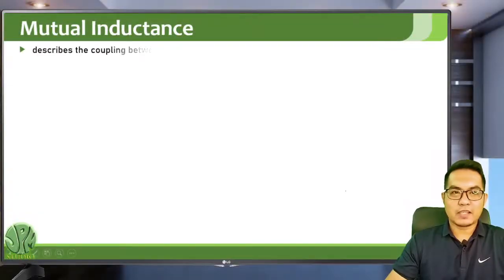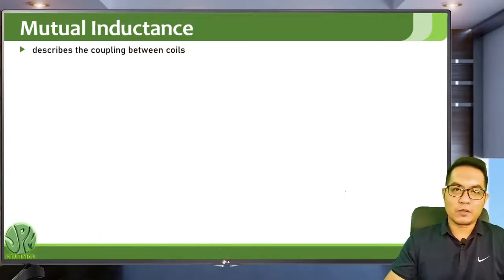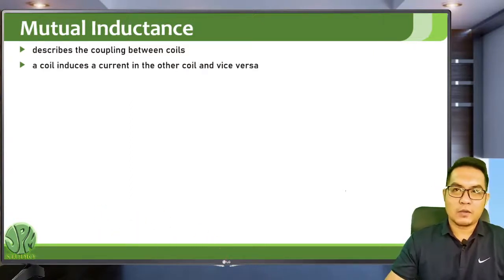Mutual inductance describes the coupling between coils, the induction between coils. So coil 1 induces an EMF on another coil and vice versa.